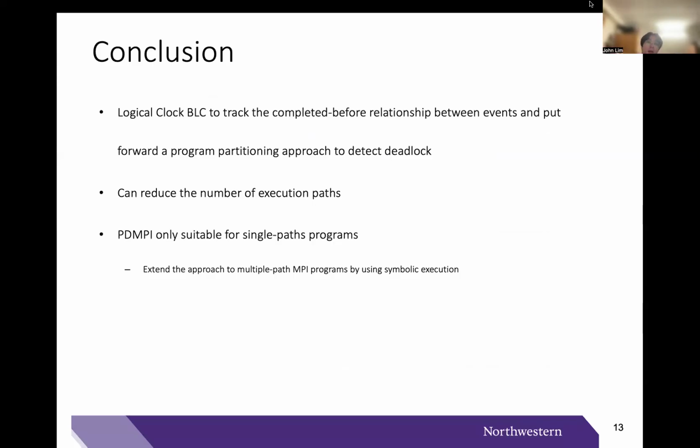To summarize, this partitioning approach uses a combination of the matching relationship graph and the dependency relationship graph in order to build up to a final partition, in order to detect deadlock in an MPI program.